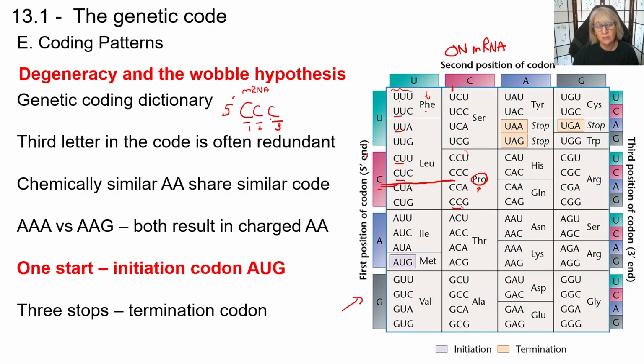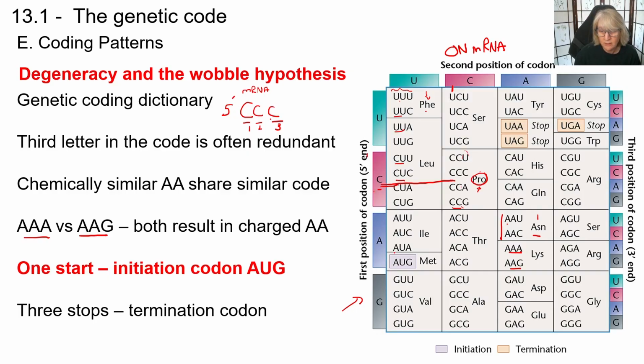AAA versus AAG, both result in charged amino acids. AAU and AAC also result in a charged amino acid. So one that's a little bit negative or a little bit positive, they're structurally similar to each other.